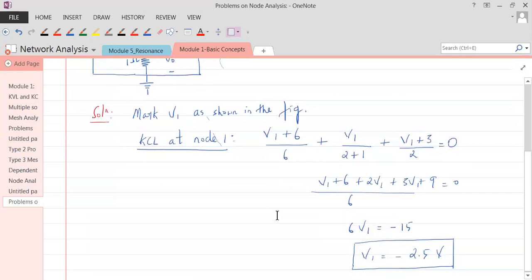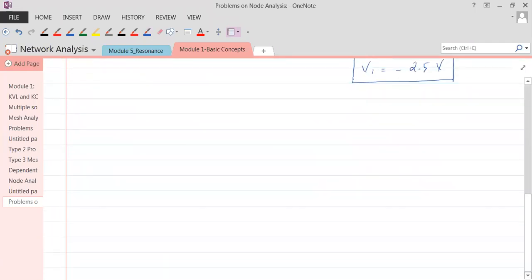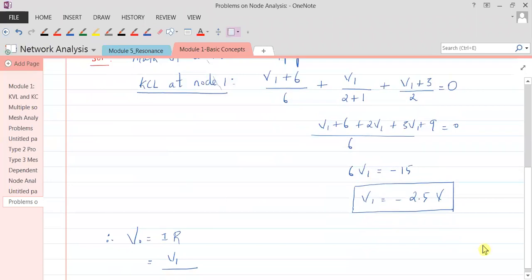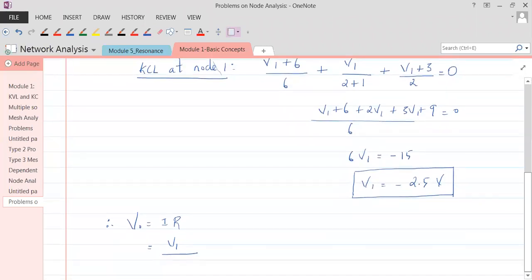Good. So our V naught is going to be this. Therefore, V naught, which is given by I into R. What is I there? I is V1 by 2 plus 1.